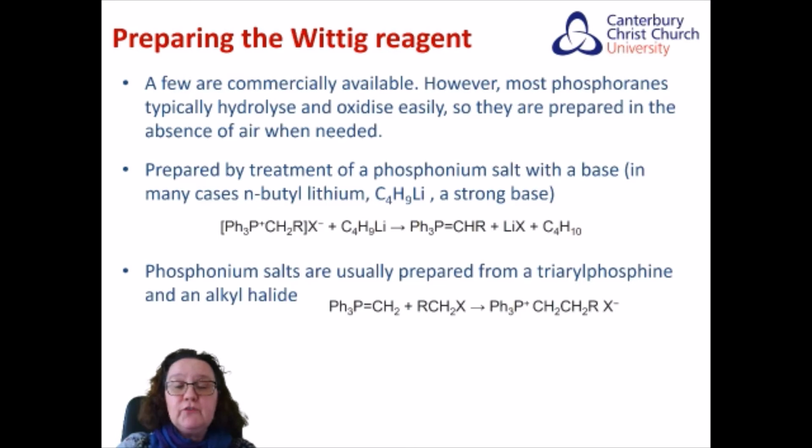To prepare a phosphonium salt, you typically use a triaryl phosphine, a phosphine with 3 phenyl groups, and an alkyl halide, which contains whichever group you are interested in adding to your product.